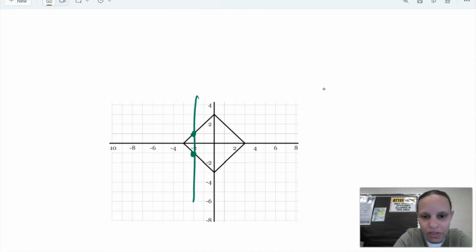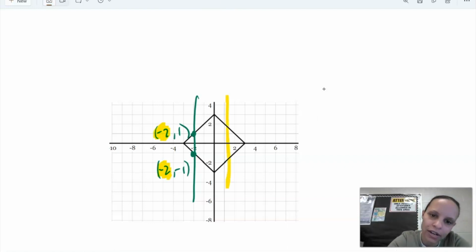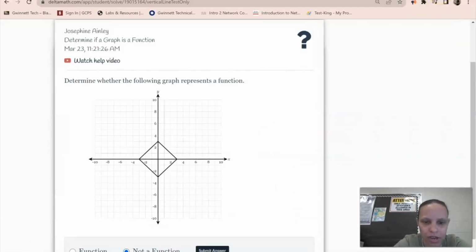Why? Because if I was to write the coordinate here, this would be -2, -1. This one here would be -2, +1. And we just did this question, x cannot do what? Repeat. So if you draw a vertical line and it goes through two parts of the graph, it is not a function. All right, so this one is not a function.